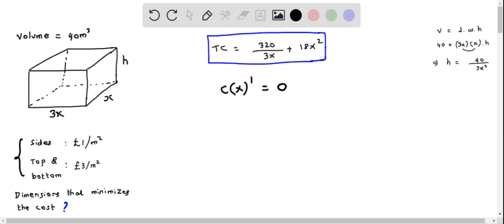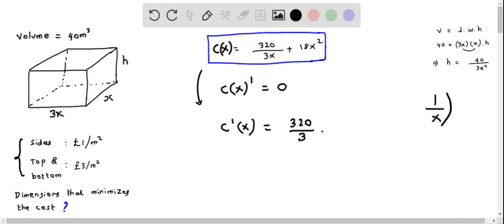Let's mark this cost function as C of x and find its derivative. So this is equal to C prime of x. This equals, we have 320 over 3, which I write down as it is, multiplied by 1 over x. We have to find the derivative of 1 over x, which we can do using the power rule.